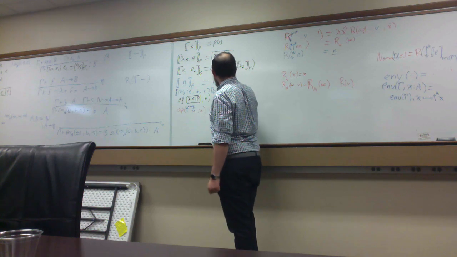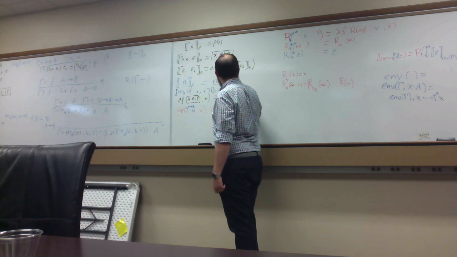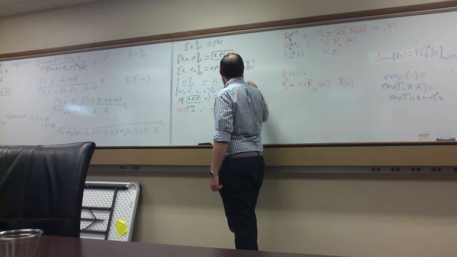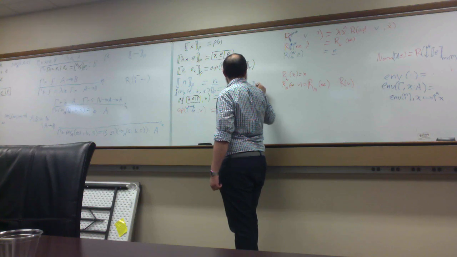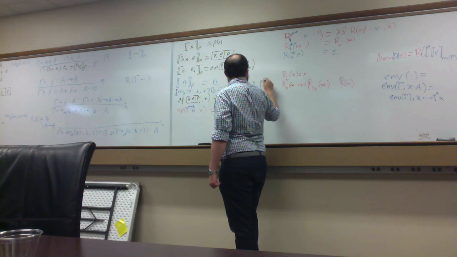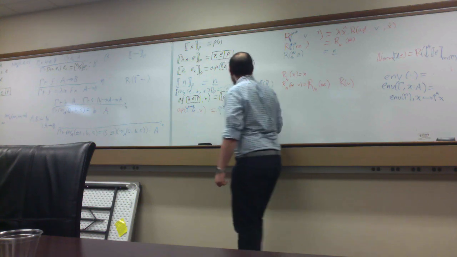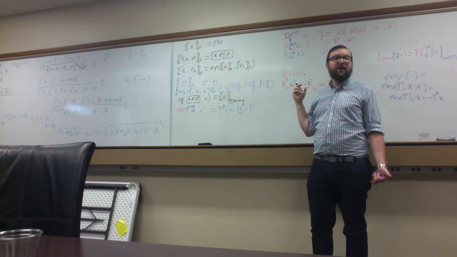So we'll call that helper R sub A of eval T rho, eval B rho, eval S rho. And now we need to define R sub A.